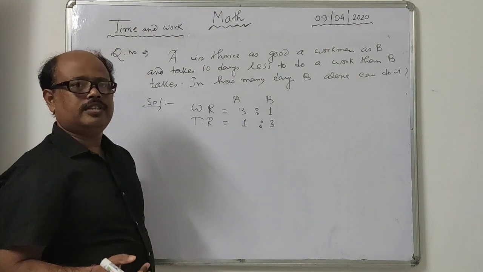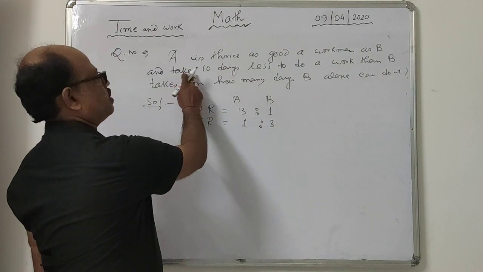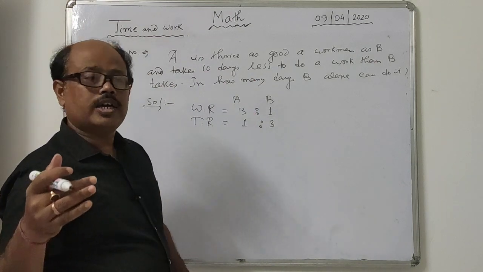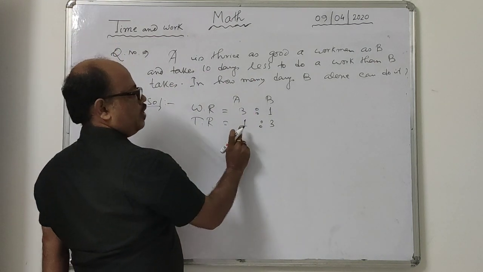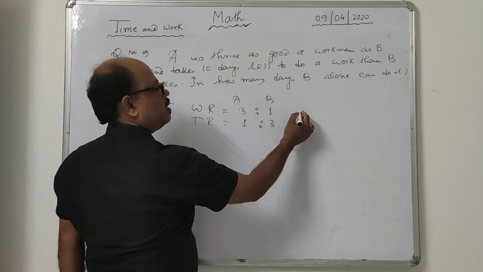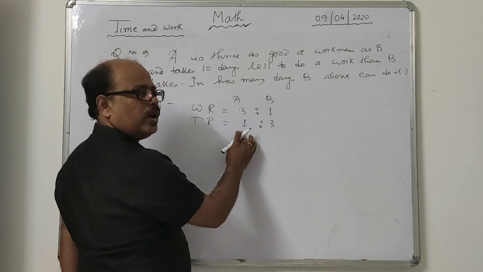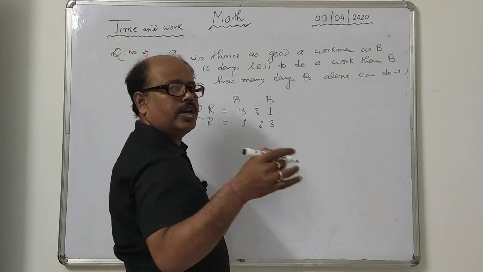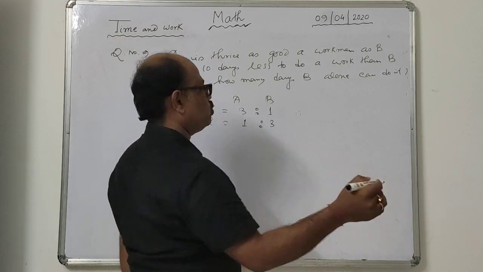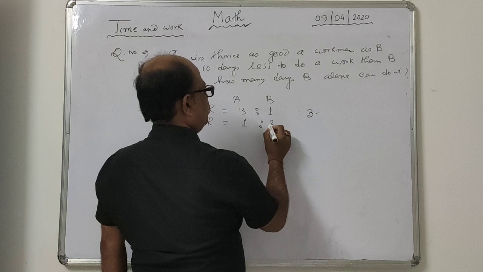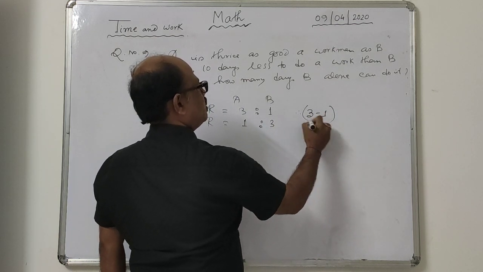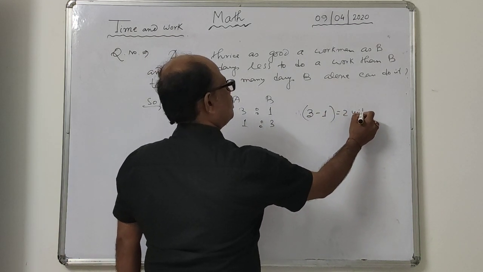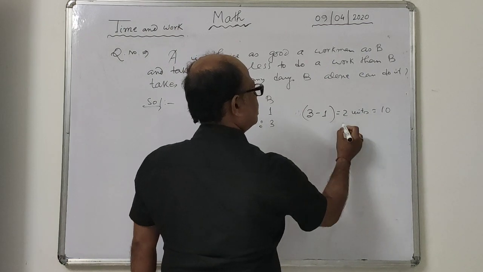For that, A takes 10 days less to do the work than B. Therefore A is 1 unit, B is 3 units. The difference is 3 minus 1, that is 2 units of time, equal to 10 days less.